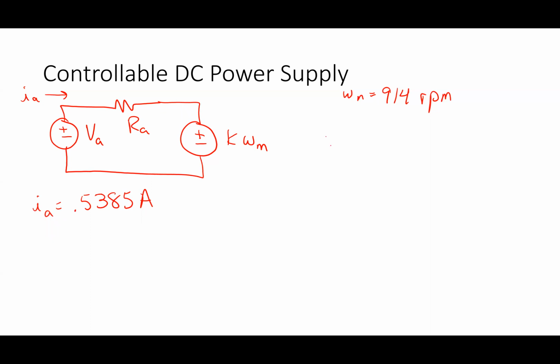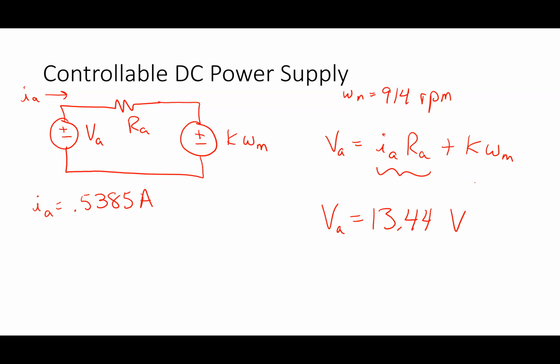VA is equal to IA RA, which is fixed in this case because IA has been set by the mechanical side, plus K times omega M. And I know what I want my omega M to be is 914. If I do that math, it tells me that VA needs to be 13.44 volts. So if I increase the voltage, now the speed goes back up to where it was before.